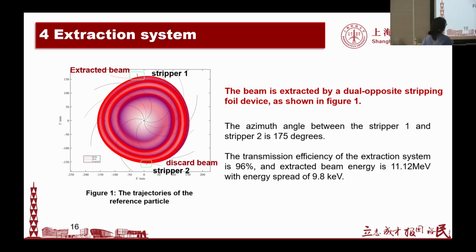Most of the beam will be extracted by stripper 2, and the rest of the particles will be discarded by stripper 2. The transmission efficiency of the extraction system is 96%, and the extracted beam energy is 11.12 MeV with an energy spread of 9.8 keV.